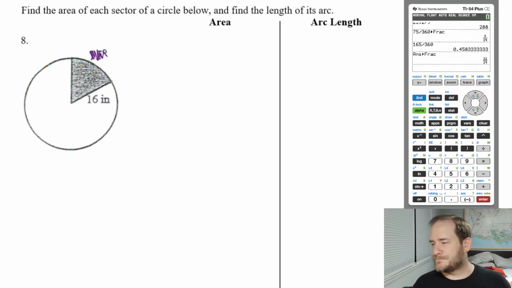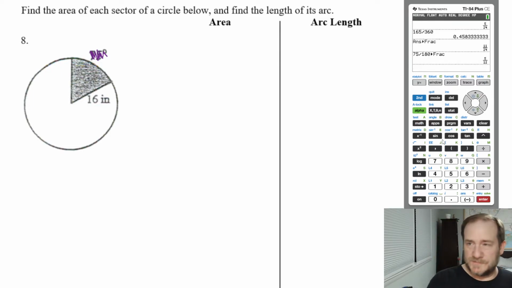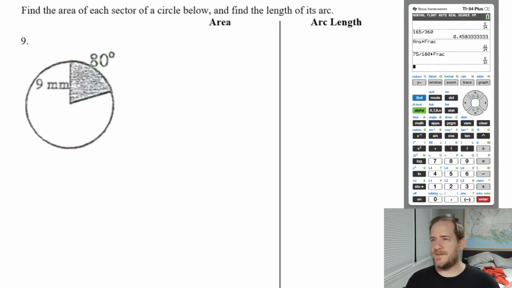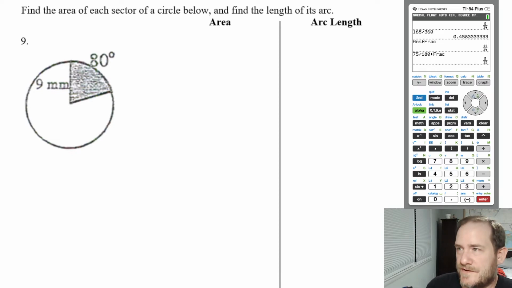Let's cheat. 75. There's 5 pi over 12. So we can do a few of these where we use the radian measures, but I guess first let's do 7, and let's do 7 as is.